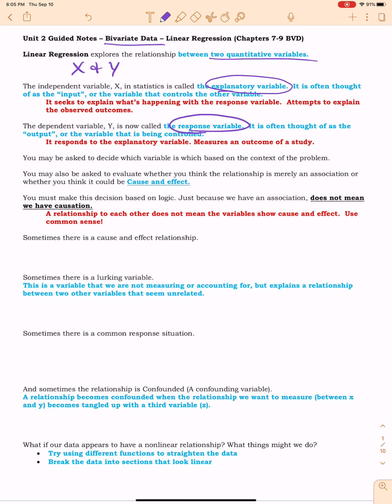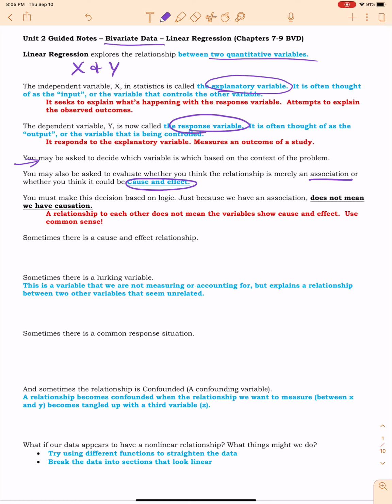So there are times when you will be asked to decide which variable is which based on the context of the problem. You may also be asked to evaluate whether you think there's just an association or if it's really cause and effect, because it could be cause and effect. But I need to caution you on this.